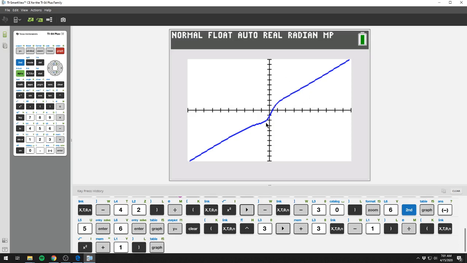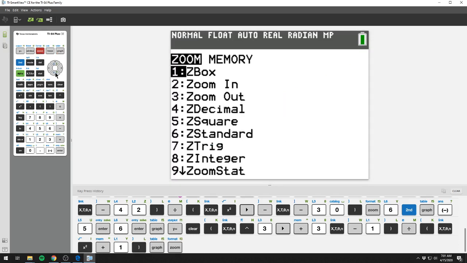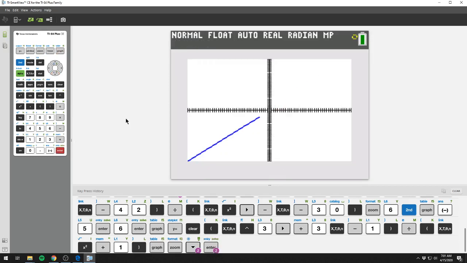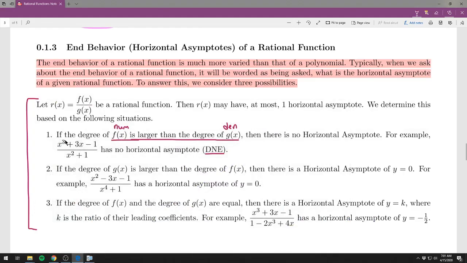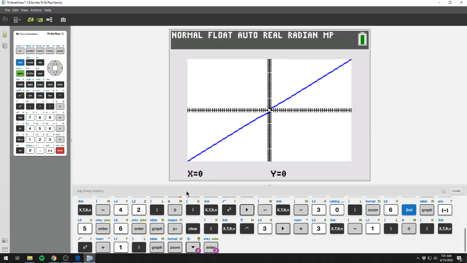But this one's going to keep going up this way, this one's going to keep going down this way. If you don't necessarily believe that, you can zoom out and see that's going to happen. This one's just going to keep going up, this one's just going to keep going down. It almost looks like a line. There are reasons for that. The main reason is the degree is 1 larger on the top than the bottom, but we don't really need to remember those specifics. What you want to notice here is there's no horizontal asymptote because it's not flattening out.